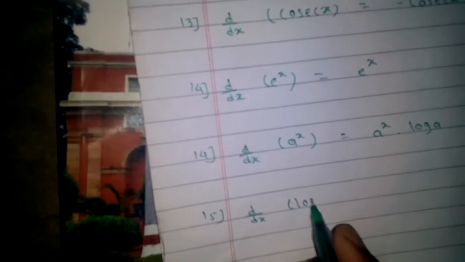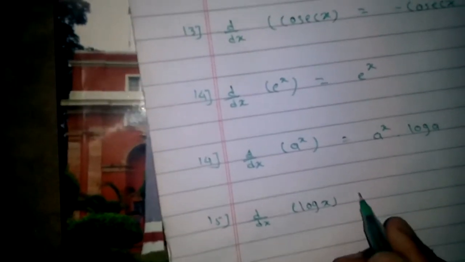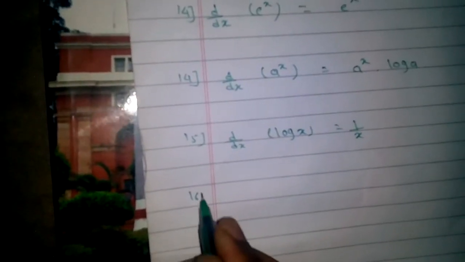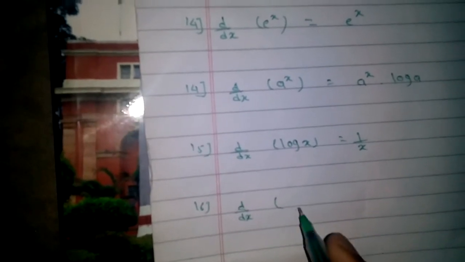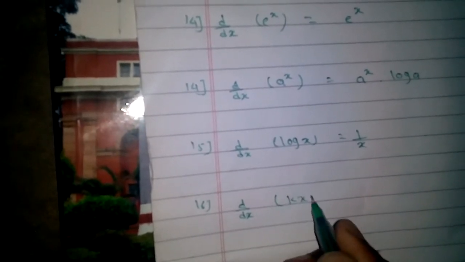Number 16: d/dx of log x is equal to 1 by x. Number 17: the derivative of kx is equal to k.